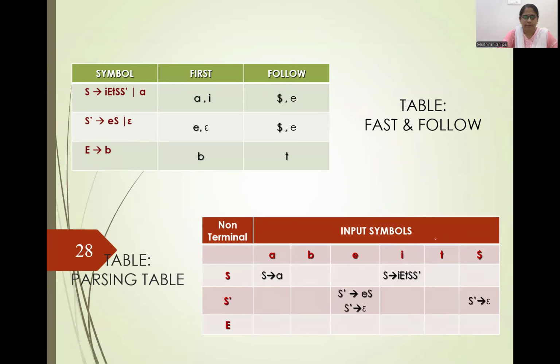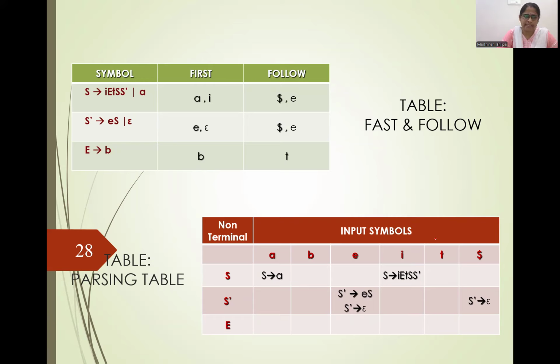Here observe S dash row and column e, because S dash deriving eS is a production which has an entry into the table at S dash row, e column, because S dash is a non-terminal and it produces a set of strings which start with e. So S dash comma e is the row and column, and in that cell there is an entry for S dash deriving eS.